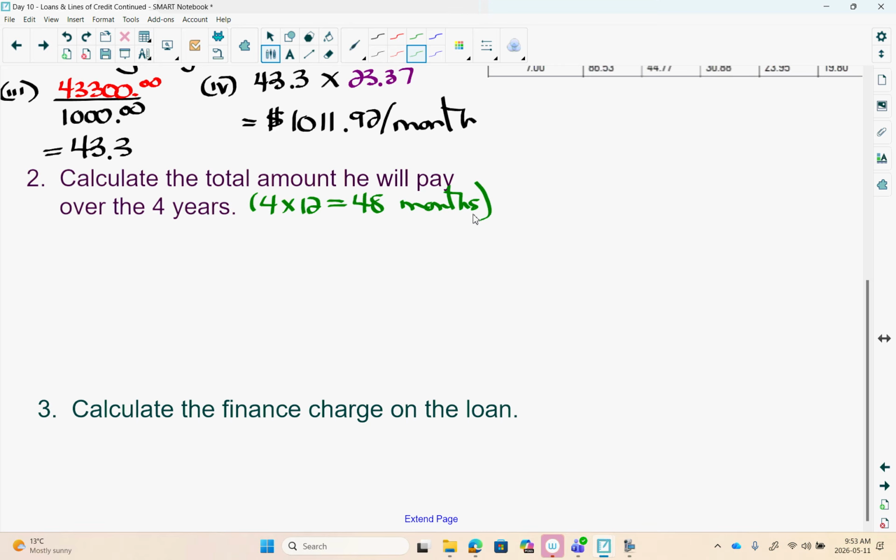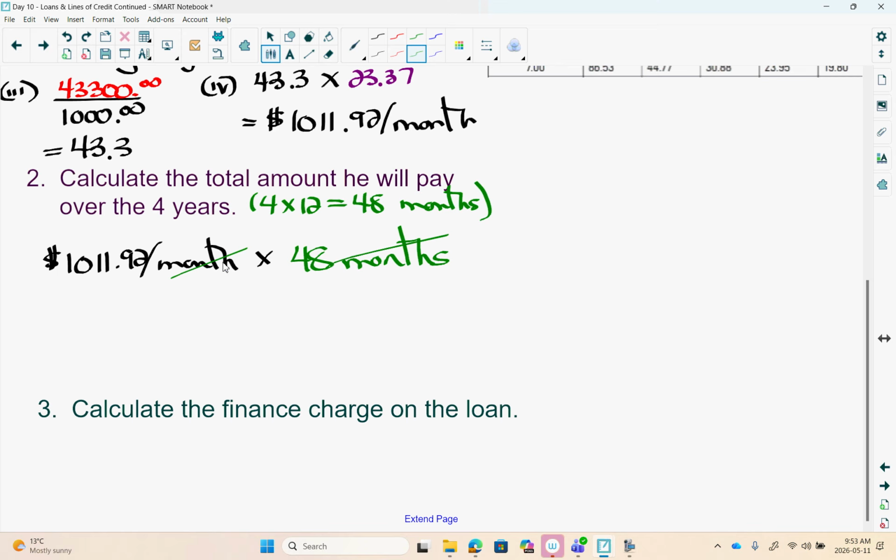How do you change years to months? Multiply by what? 12. If I want to know the total amount he's going to pay back, I'm going to take the $1,011.92 per month, and I'm going to multiply it by 48 months.